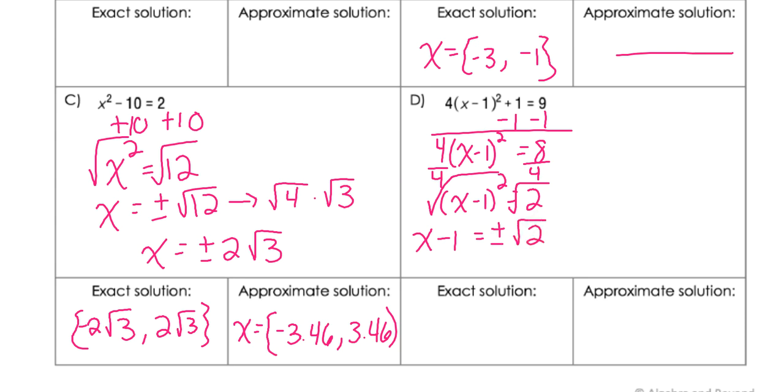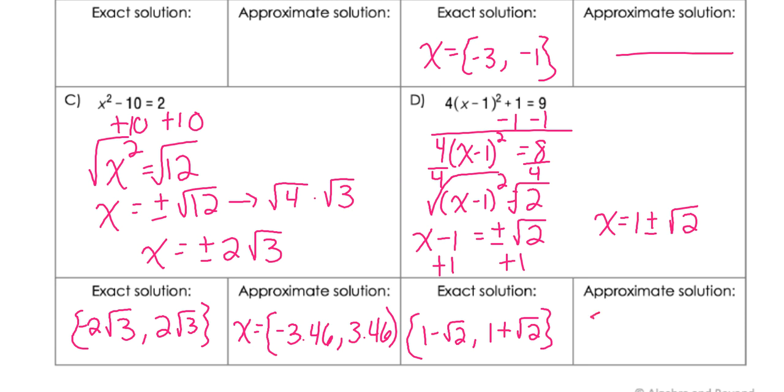Square root of 2 cannot be simplified, so I'm just going to add 1 to both sides. So that leaves me with solutions of 1 plus and minus the square root of 2. So my exact solutions are 1 minus the square root of 2 and 1 plus the square root of 2. And so again, if I type those into my calculator and get approximate answers, I get about negative 0.41 and 2.41.